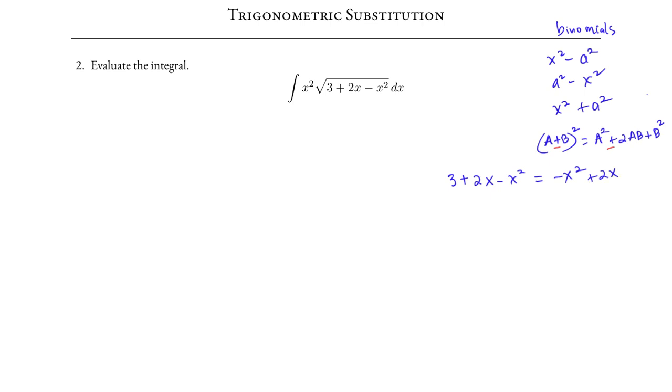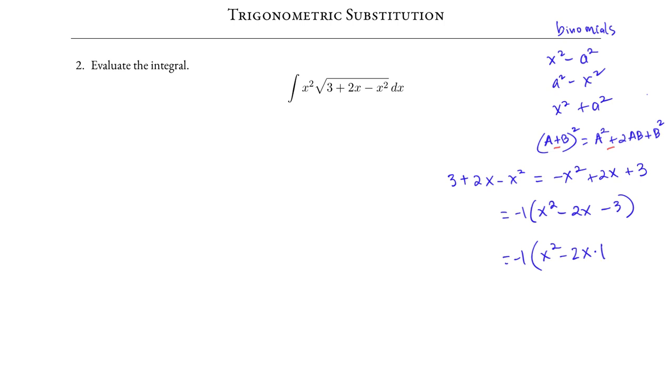plus 2x plus 3, and we factor out the minus 1, times x squared minus 2x minus 3. But to complete the square, we would need the third term squared minus twice the product of the first and the second, but we only have 2x, so we are forced to multiply by 1.